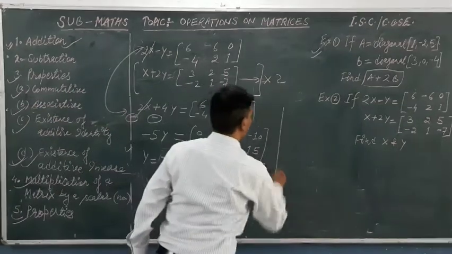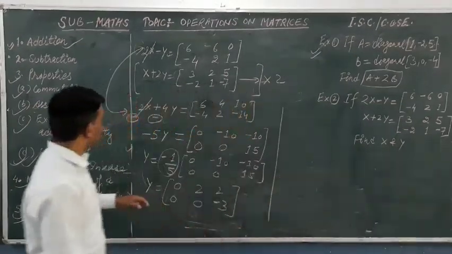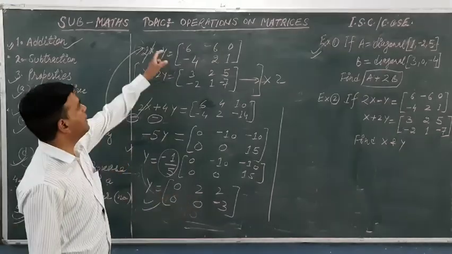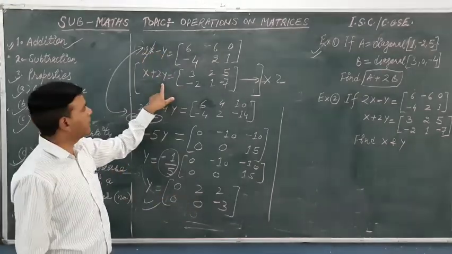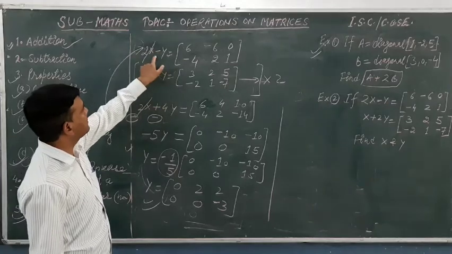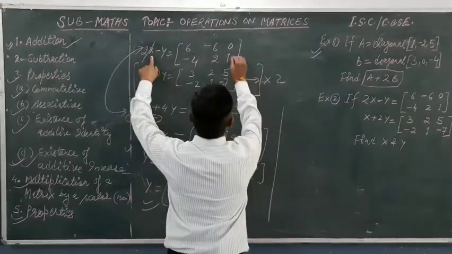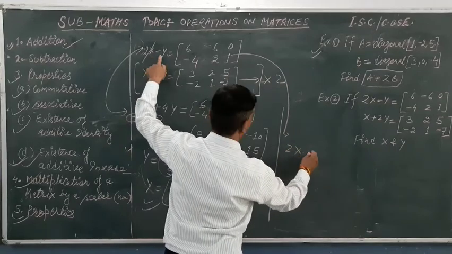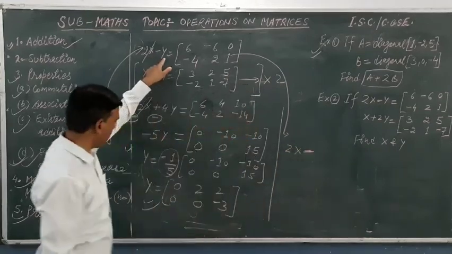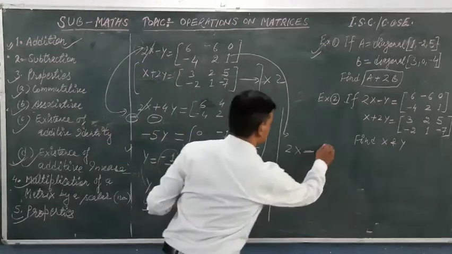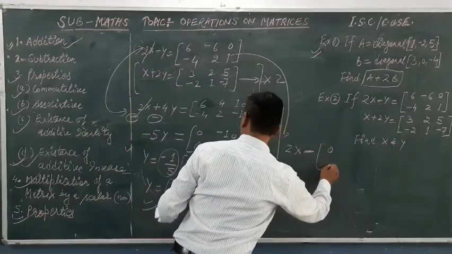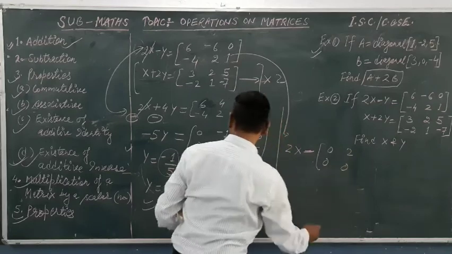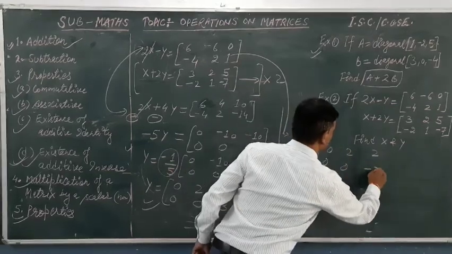Now you have to find the matrix x. You can put the value of this matrix y in either the first or the second equation. Suppose I put this matrix in the first one, so I will get 2 into x minus the y matrix, and the y matrix is 0 0 2 0 2 minus 3.